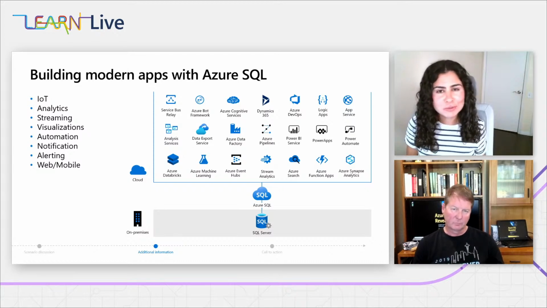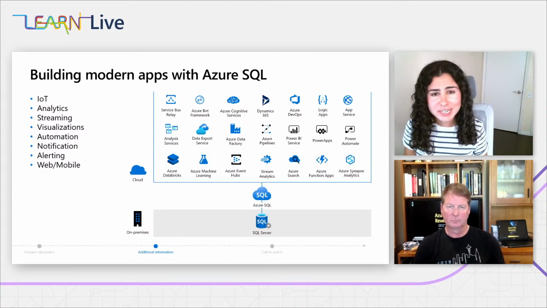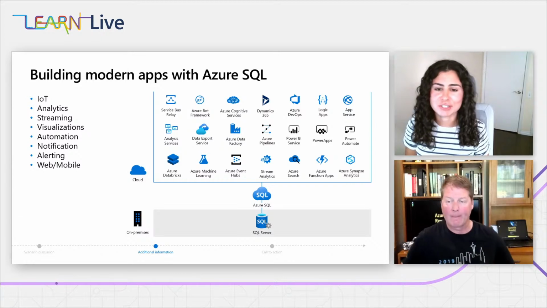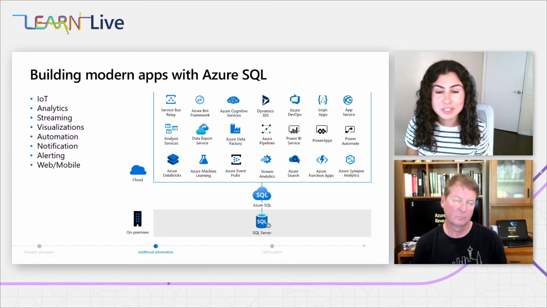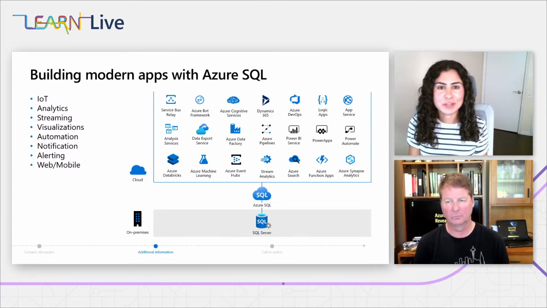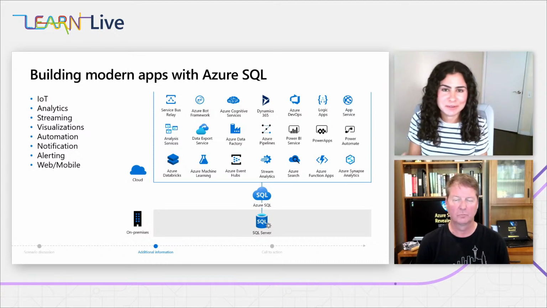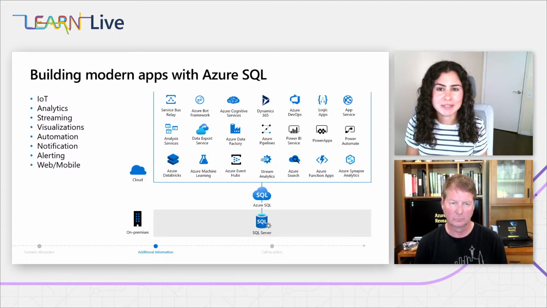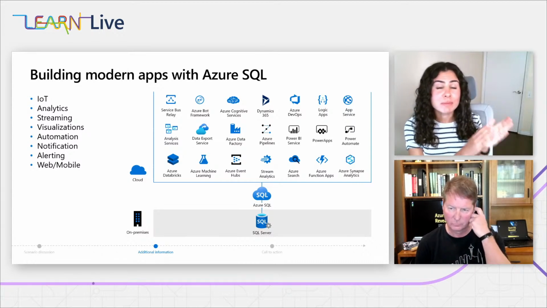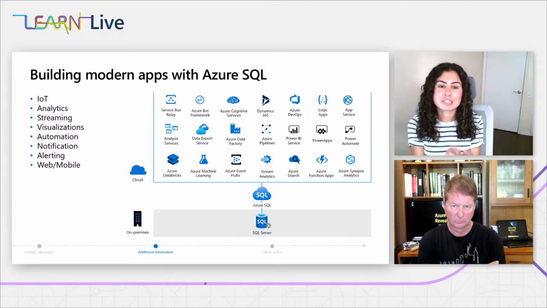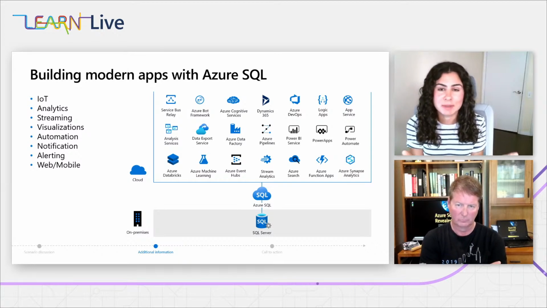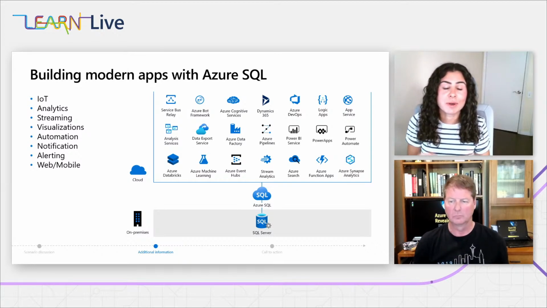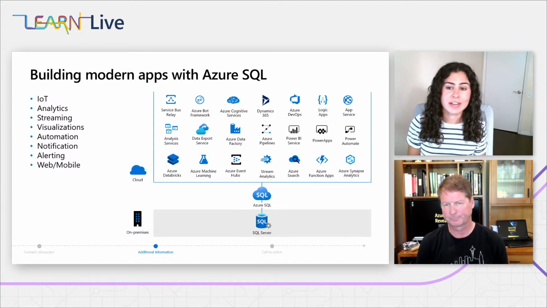There are all sorts of different services that you can integrate, regardless of your industry or your scenario. There are going to be various solutions and pieces that, if you were to build them in-house, would take a very, very long time. We have some examples, but translating from SQL Server to Azure SQL is really just the kickoff point. We're really just scratching the surface on what Azure itself has to offer as a whole.